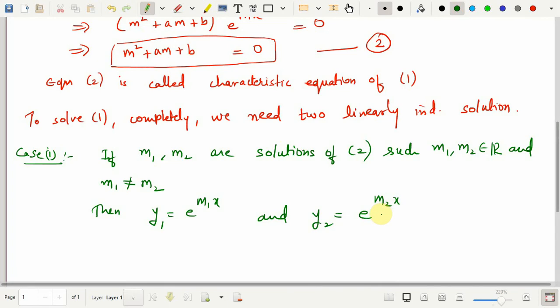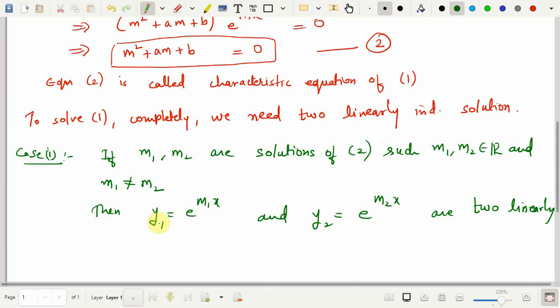But what we are looking for are two linearly independent solutions. So we can have one solution. Can y2 be linearly independent of y1? That is the only thing that we need to check. I'm claiming here that these are the two linearly independent solutions in this case, which we will see from the Wronskian of these two functions.